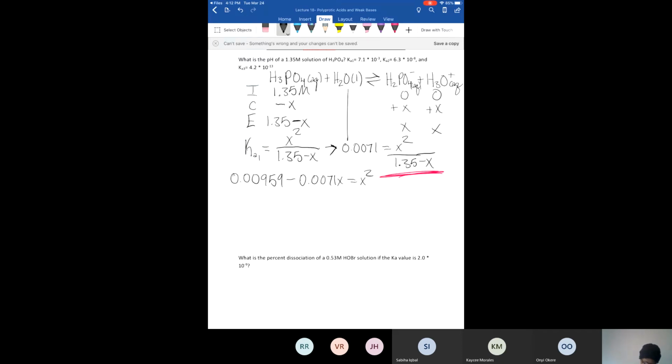Now you can rewrite this. Did I do that right? Yes, I did. You might have chosen to subtract x squared instead of subtracting the other side.